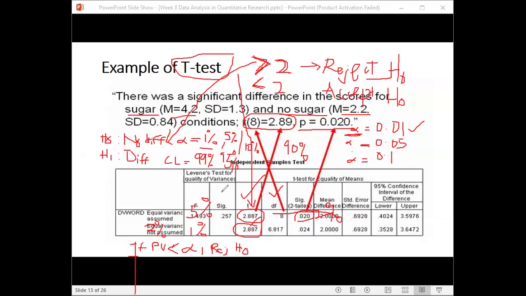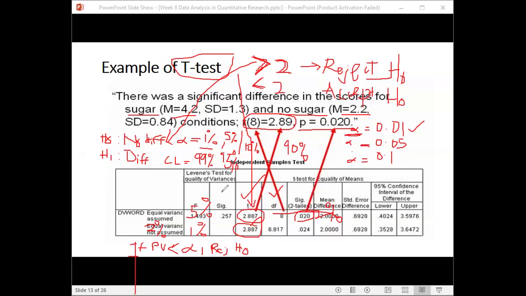The best is 1%. If you are not able to reject the null hypothesis under 1%, you move on to 5%.